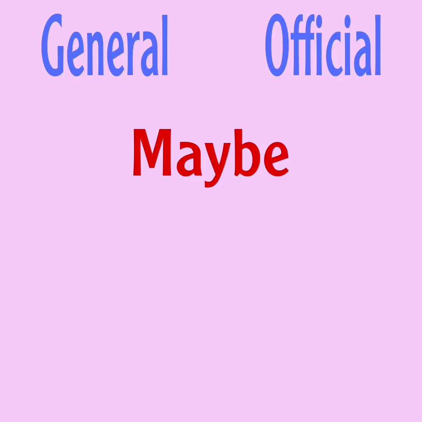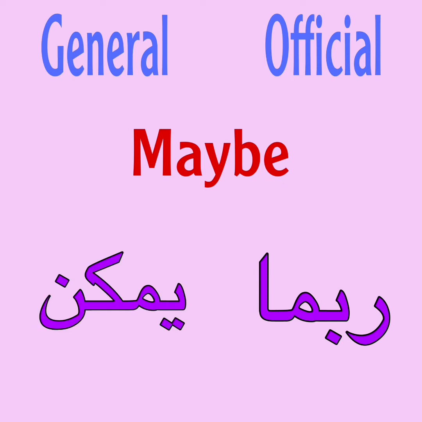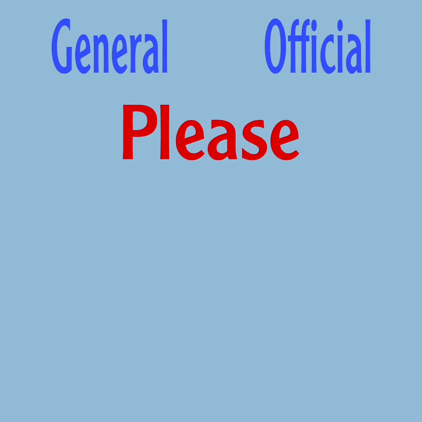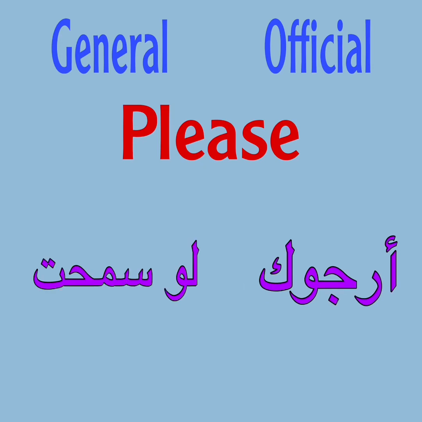How do we say maybe in Arabic? Rubbama or yumkin. How do we say please in Arabic? Arjook or law samaht.